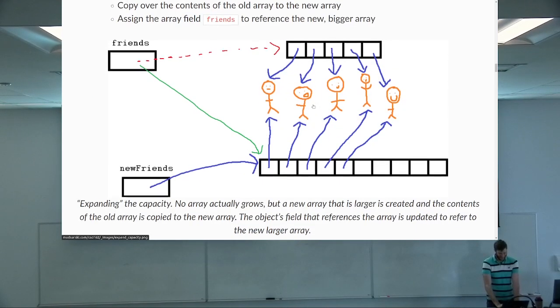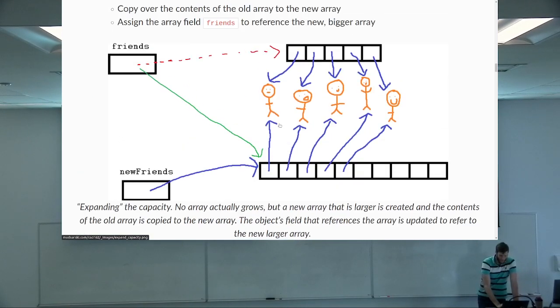Well, we want to do this idea. Make a new array, twice as big as the original. It doesn't have to be twice as big, but the convention is to always make it twice as big, and there's some nice mathematical properties why we like that. Go through each of the things in the old one, copy them over to the new one, and then set friends to reference this thing.